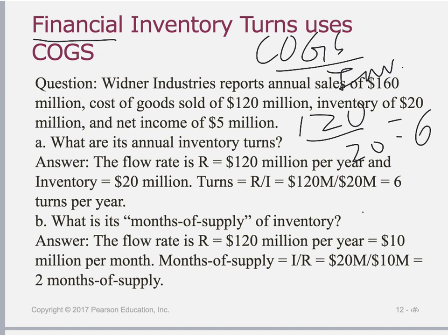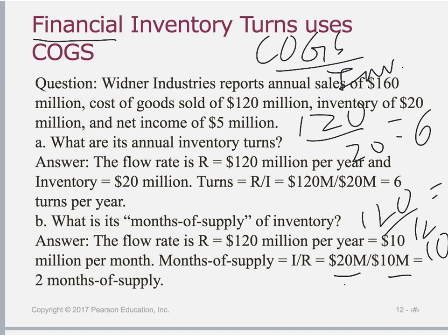So it's 120 divided by 12 to give you $10 million per month that you're spending to buy inventory. Then your months of supply is equal to the $20 million that you have in inventory divided by 10, to give you 2 months of supply. So your months of supply is the cost of goods sold divided by 12 to give the monthly cost of goods sold, then 20, your inventory value, divided by 10 to give you 2 months of supply.